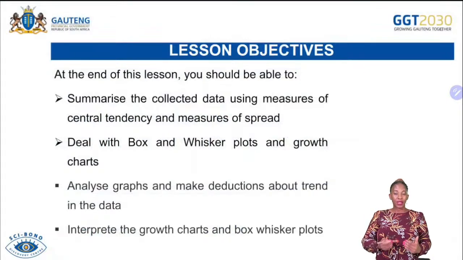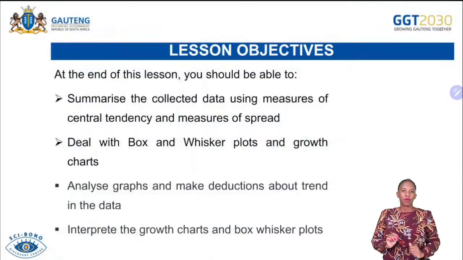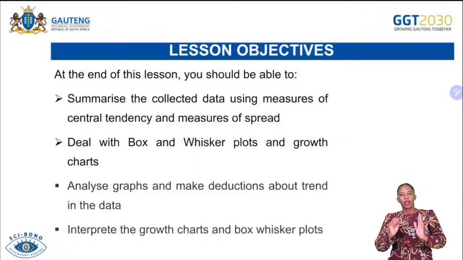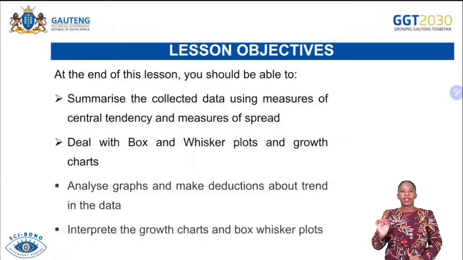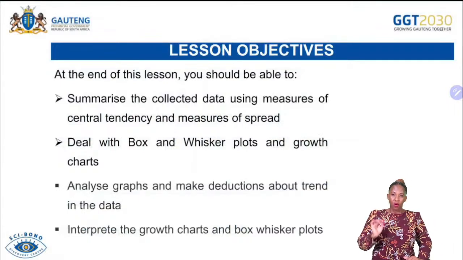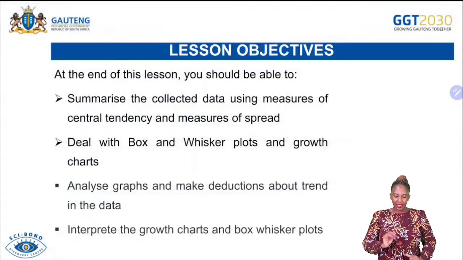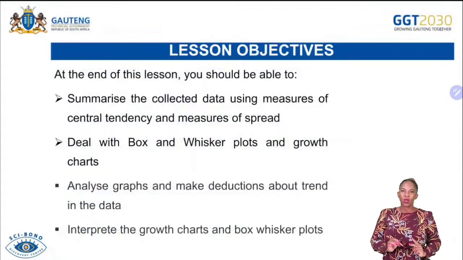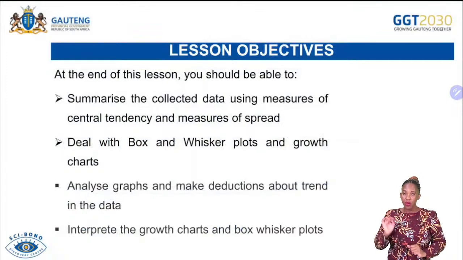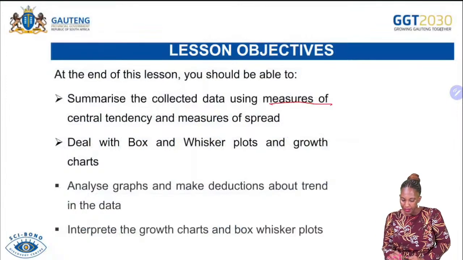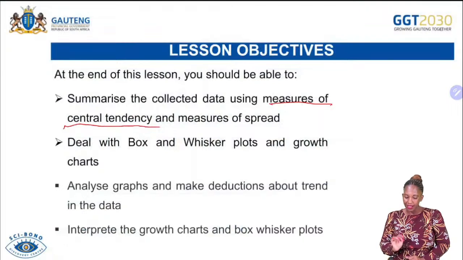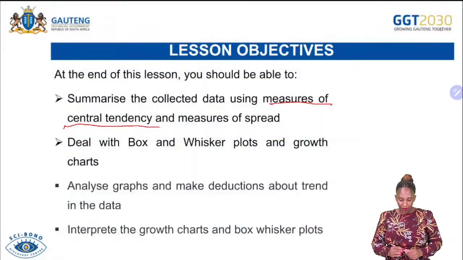And remember, when we classify the data, we use a frequency table. We complete the frequency table with the tally tables, and then from there we summarize it using the two spreads. Number one, we are using the measure of central tendency, and the measure of spread.